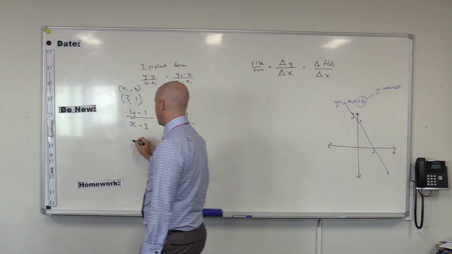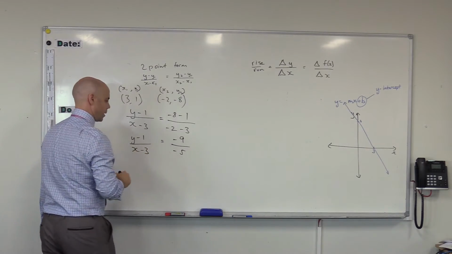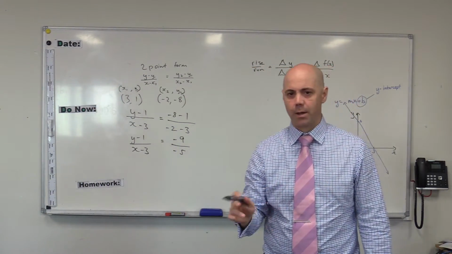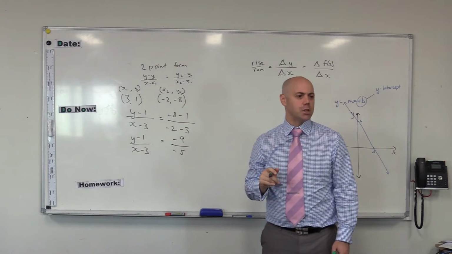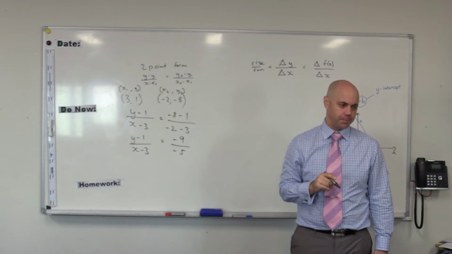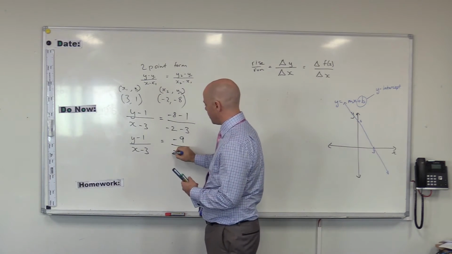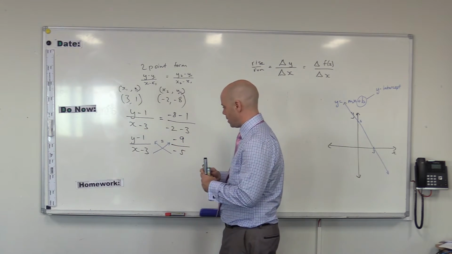On the left-hand side, we really can't do anything as yet, because we've got unlike terms: y and a number, x and a number. At this point, the easiest thing to do is to cross multiply. You multiply this bottom one by over here and this bottom one by over here.